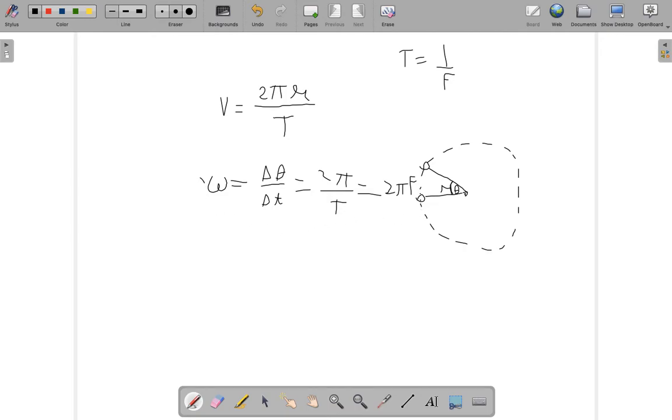And note, the unit for angular velocity is always radians per second. You should always use radians while doing circular motion, unless the question asks you to do otherwise.